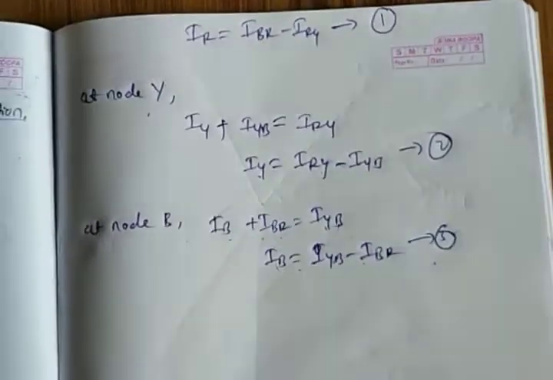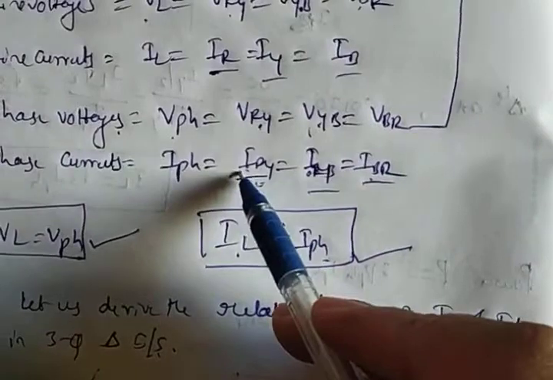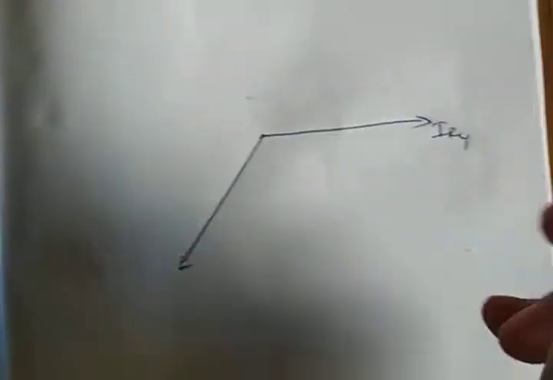phase currents. Let us draw the phasor diagram. Very important: first take the phase currents as the reference lines, which are the assumed positive directions. Here you can see the phase currents IRY, IYB, IBR.